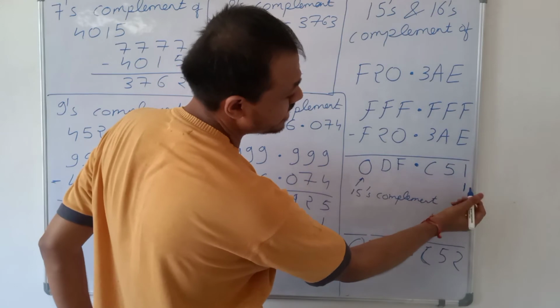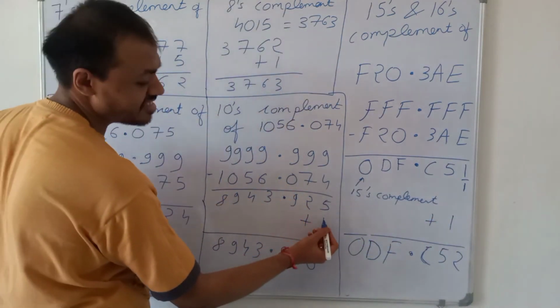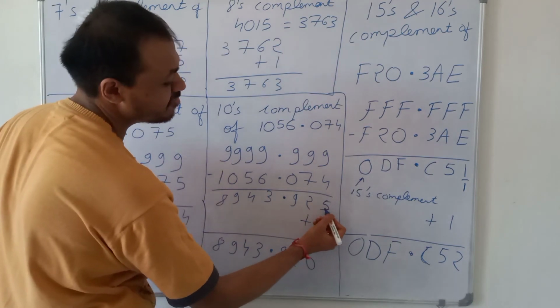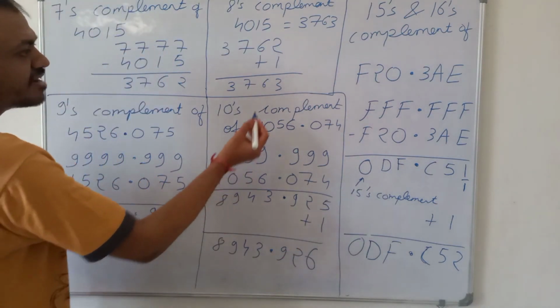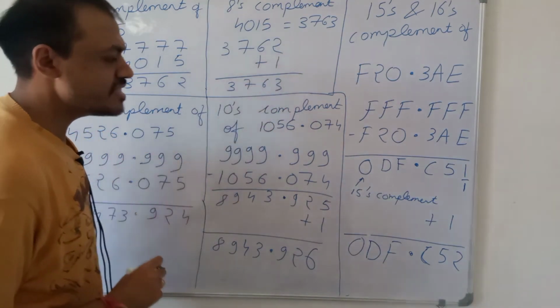Here we added 1 to the least significant bit, which was 1 in this case, so we get 0DF.C52. So this is how you do it.